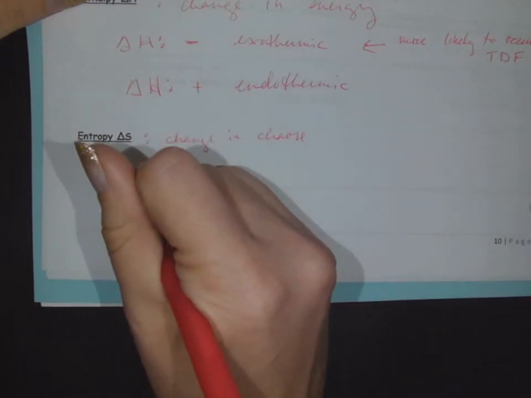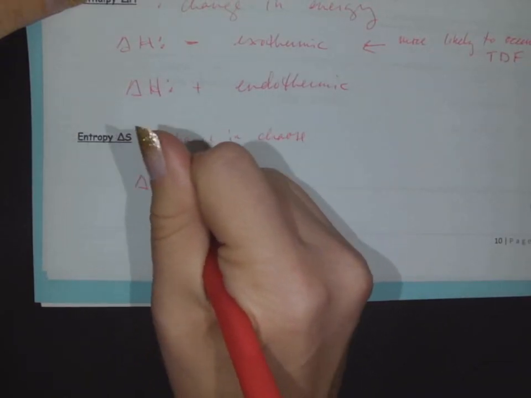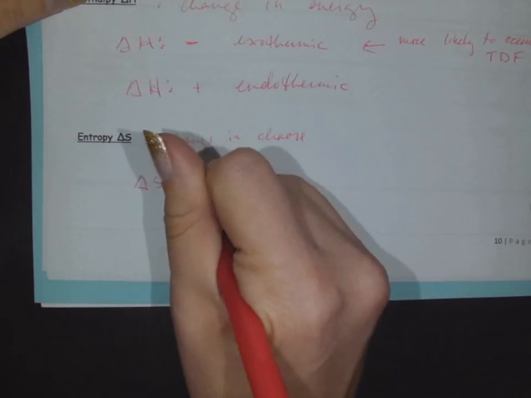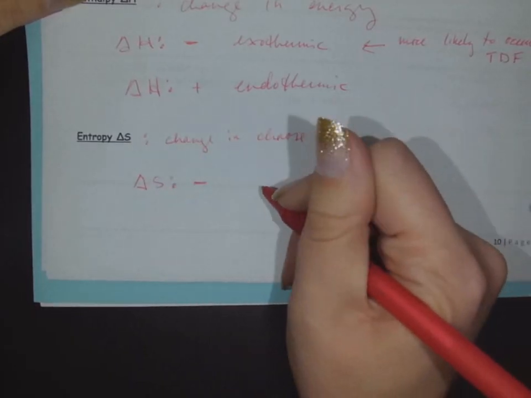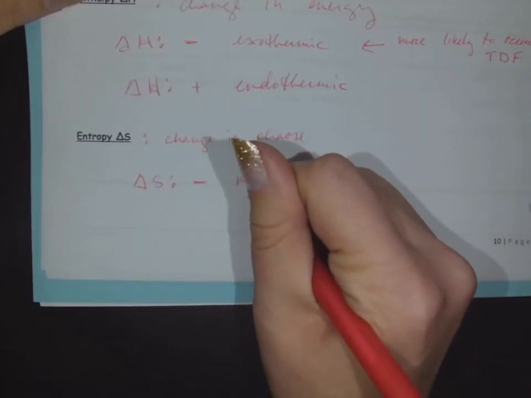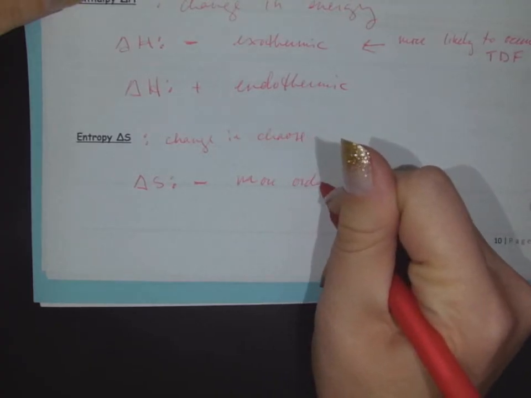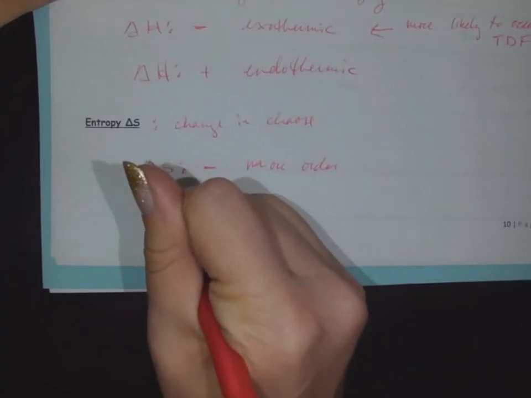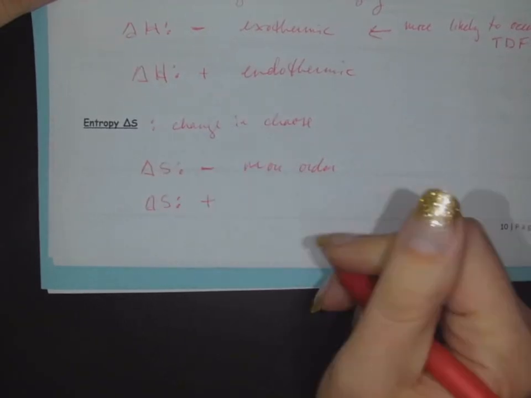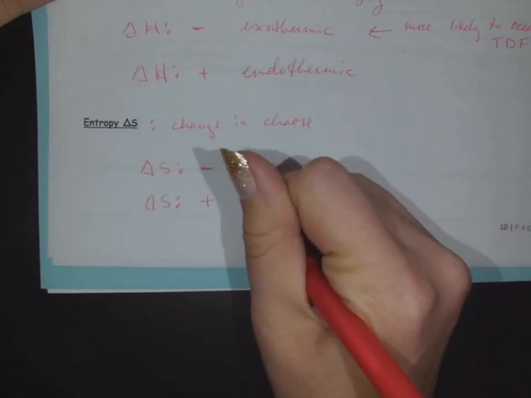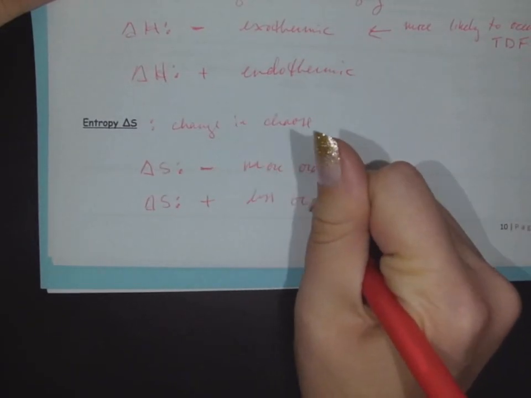We've talked about this, that when our delta S is negative, it became more orderly or less chaotic. More ordered. And if it's a delta S that's positive, then it became more chaotic or less ordered.